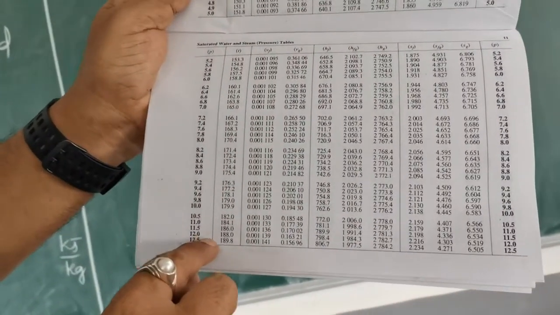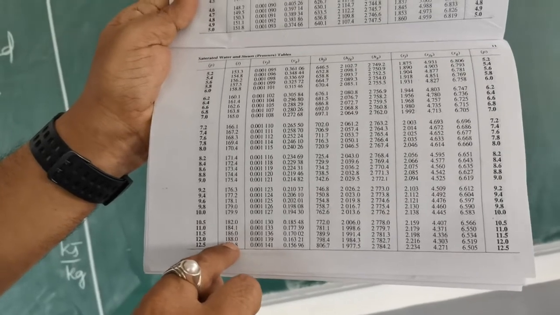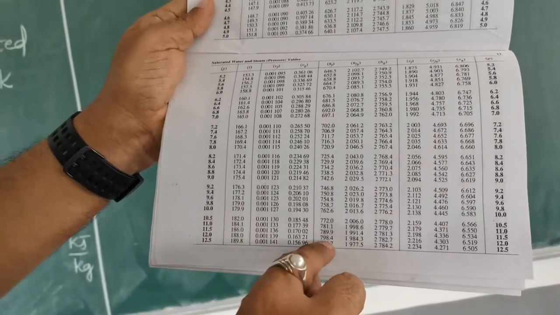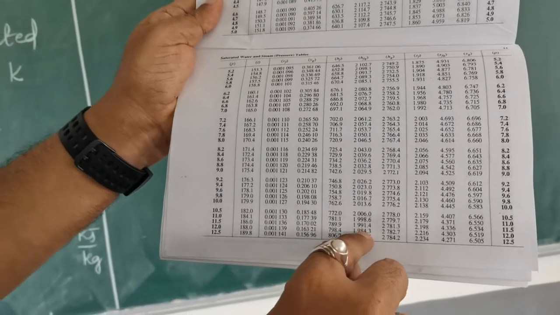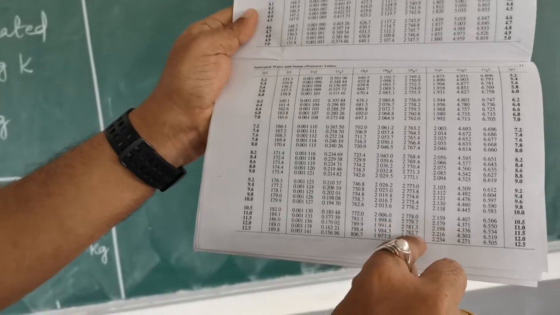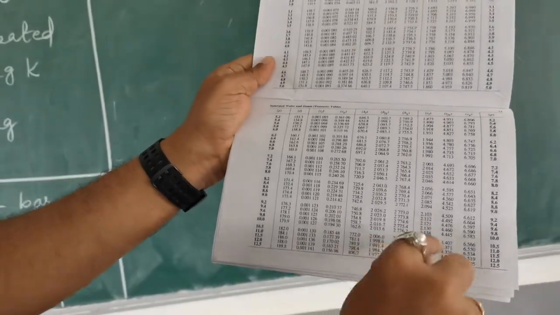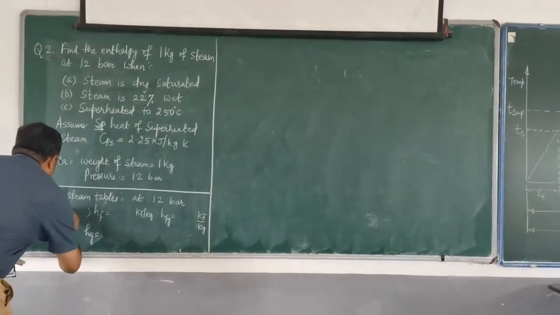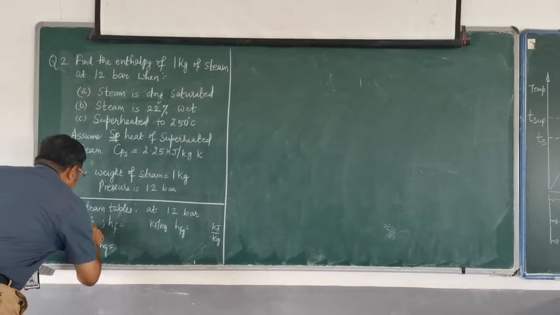So at 12 bar, the saturation temperature is 188 degrees centigrade. Hf is 798.4, Hfg is 1984.3, and the addition of these two is 2782.7. So these values I will note down, and then we will see how to solve this problem. So saturation temperature at this pressure is 188 degrees centigrade.